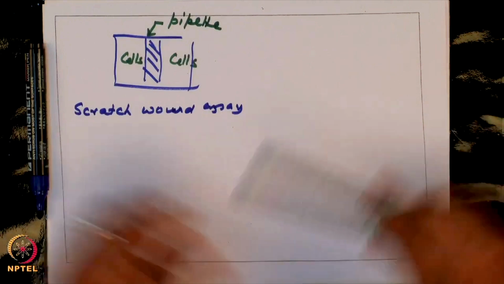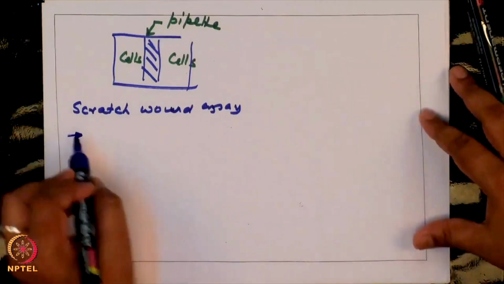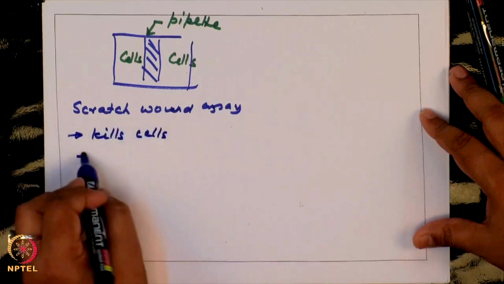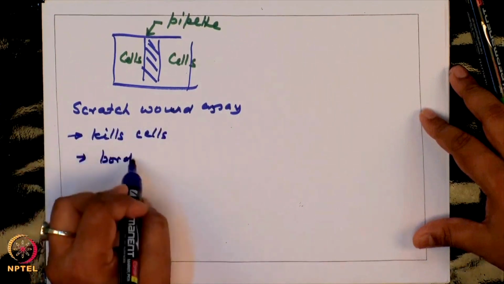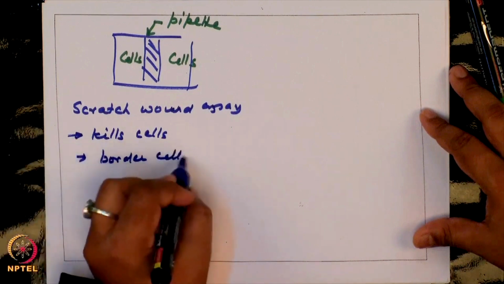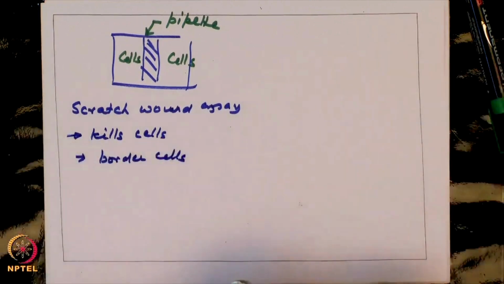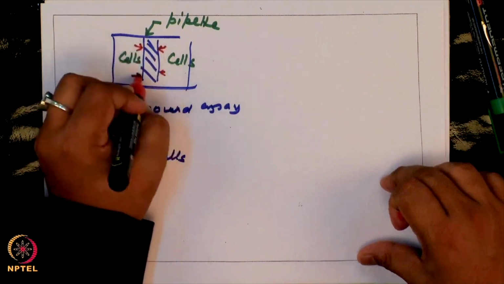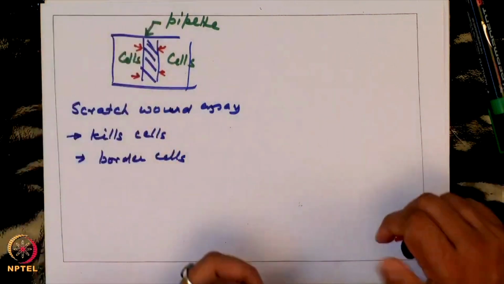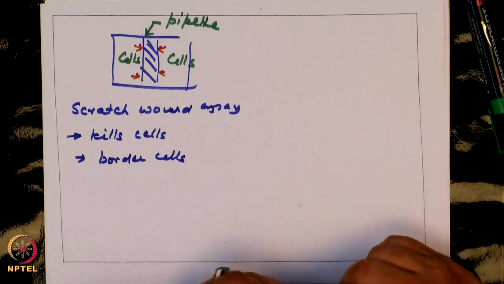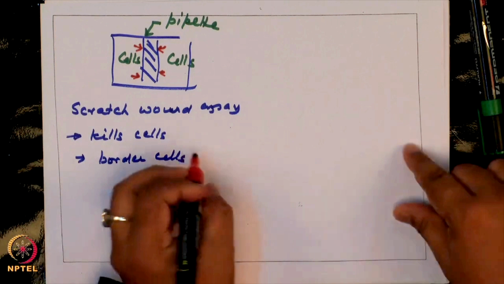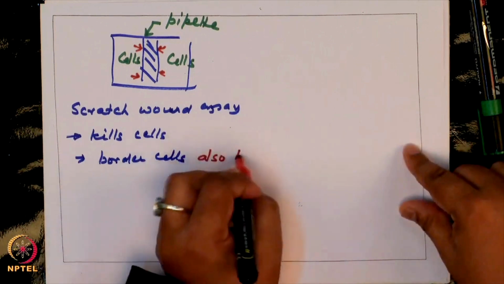It of course kills cells, but many of the border cells are also disrupted. Which are the border cells? The border cells are those in contact with the edge that you have created by scratching the surface. Many of the border cells also tend to die.